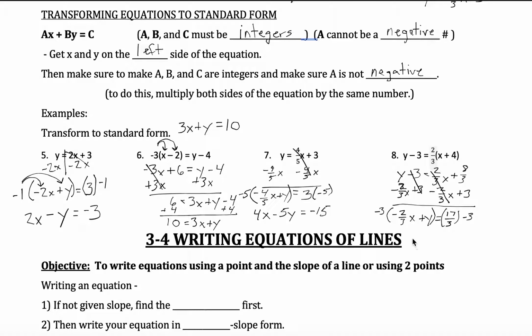So we distribute the -3 on the left-hand side, and we have 2x minus 3y equals, and then 17/3 times -3 is -17. It's okay if our c value is negative. The only value that can't be negative is our a value. So the final form, in standard form of that equation, would be 2x minus 3y equals -17.